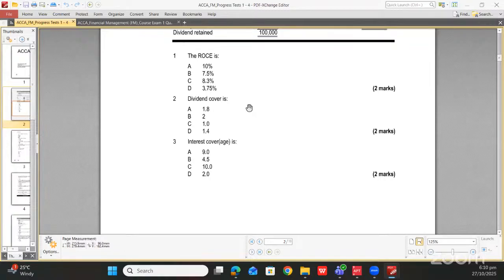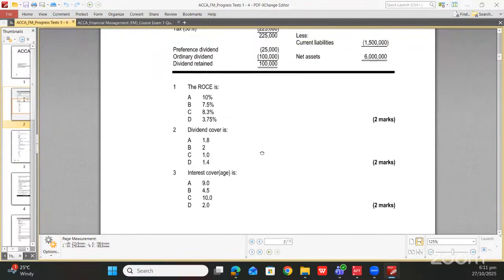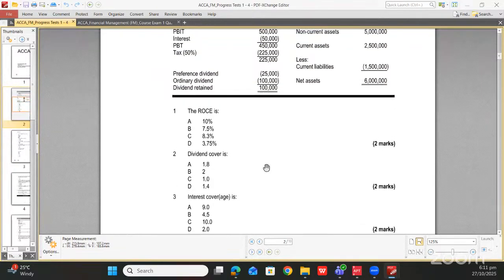Question 2 asks for dividend cover. How do you calculate dividend cover? It is the profit after preference dividend, just preference dividend alone, over your ordinary dividend.